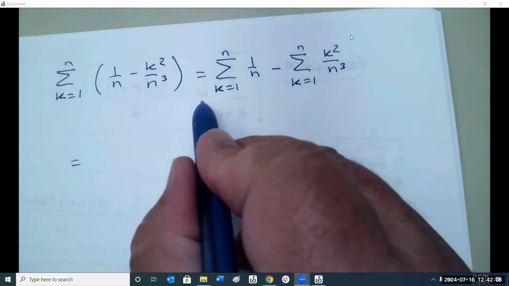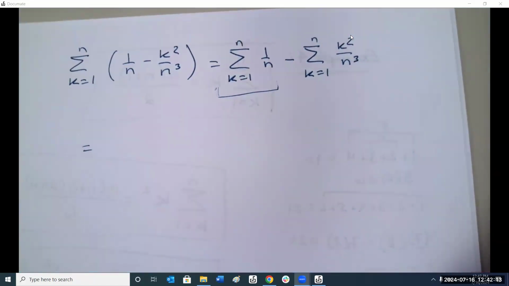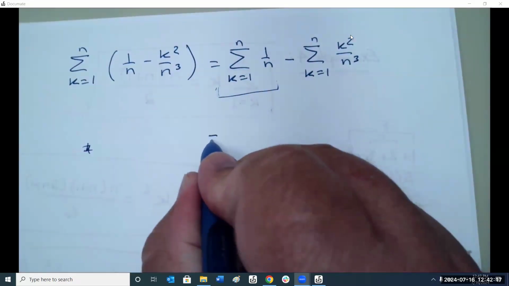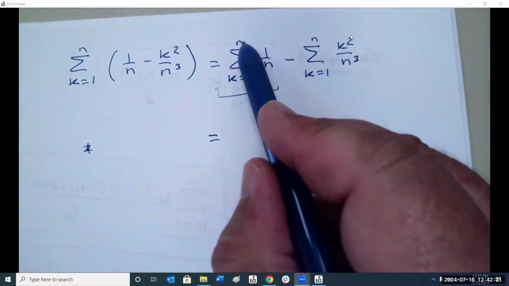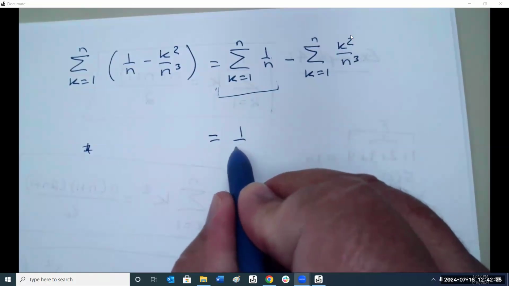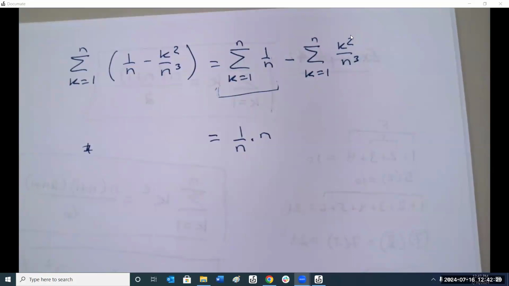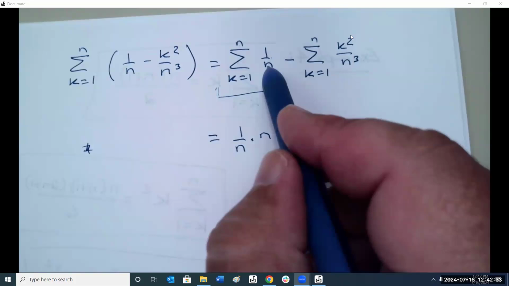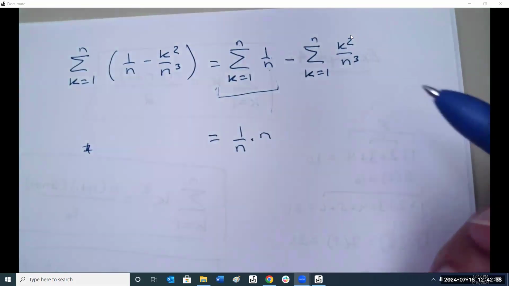The first one. What do we do with the first one? One over n is a constant because n is the terminating number. So what do we do with a constant? We multiply it by n. If this was 5, it'd be 1/5. How many times is it added? 5 times, so it's 1/5 times 5.